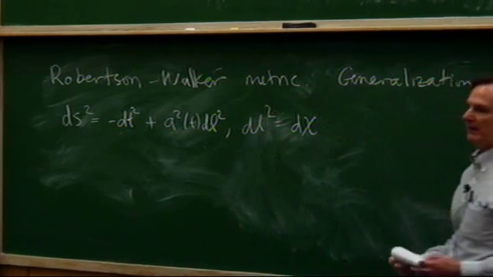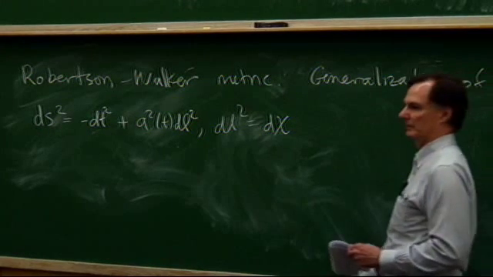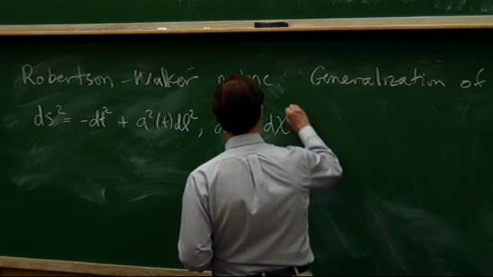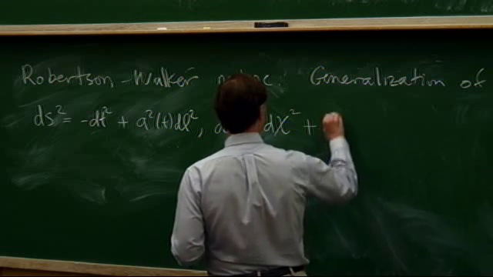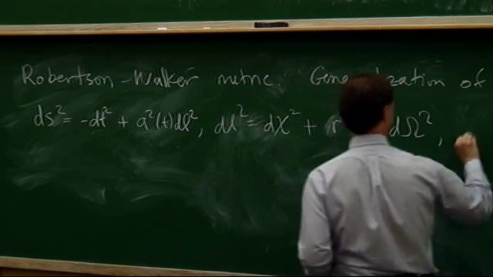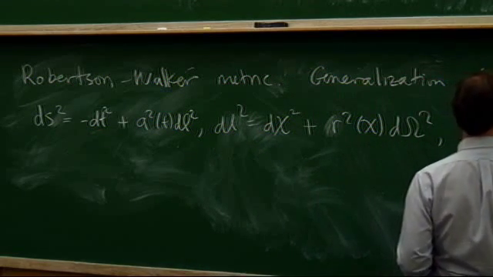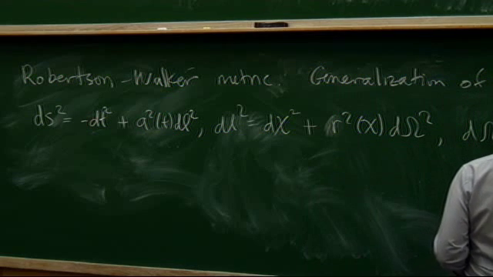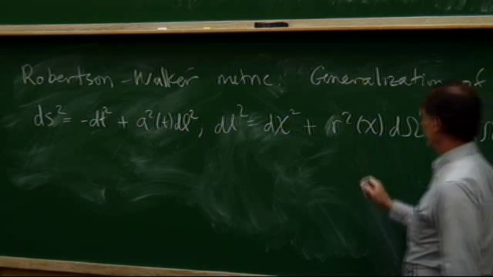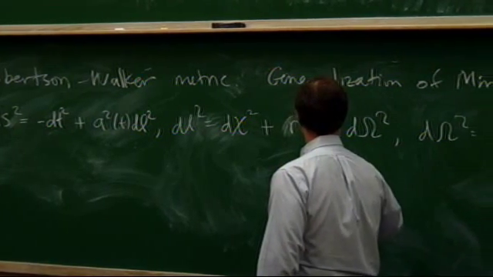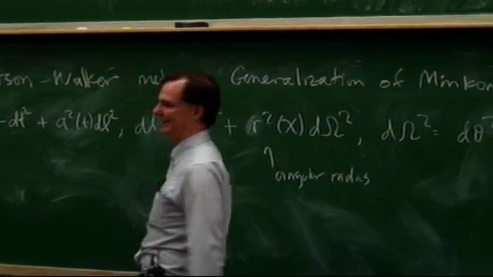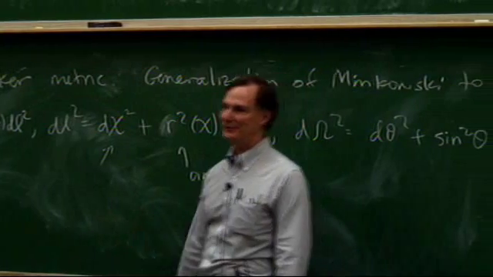This dl squared is a space called the Robertson-Walker space, an isotropic homogeneous space of constant curvature. There are many different coordinate systems, but the simplest one is the spherical coordinates. Two-sphere angular radius r of chi. And chi, sorry about the notation, it's not the neutralino.